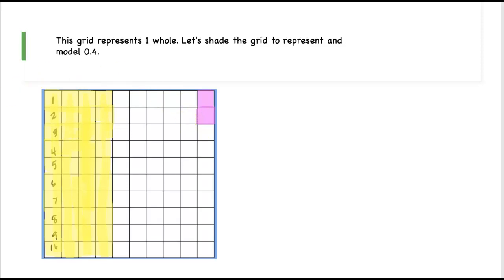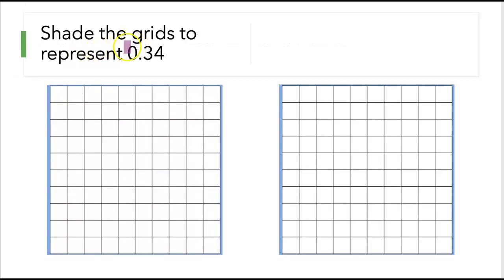So let's look at another one. This says shade the grids to represent 34 hundredths. So how many tenths do I have? In my tenths place I have 3/10, so I'm going to shade 3 10 sticks. My shading's a little off, don't judge. I'm shading my tenths in pink.